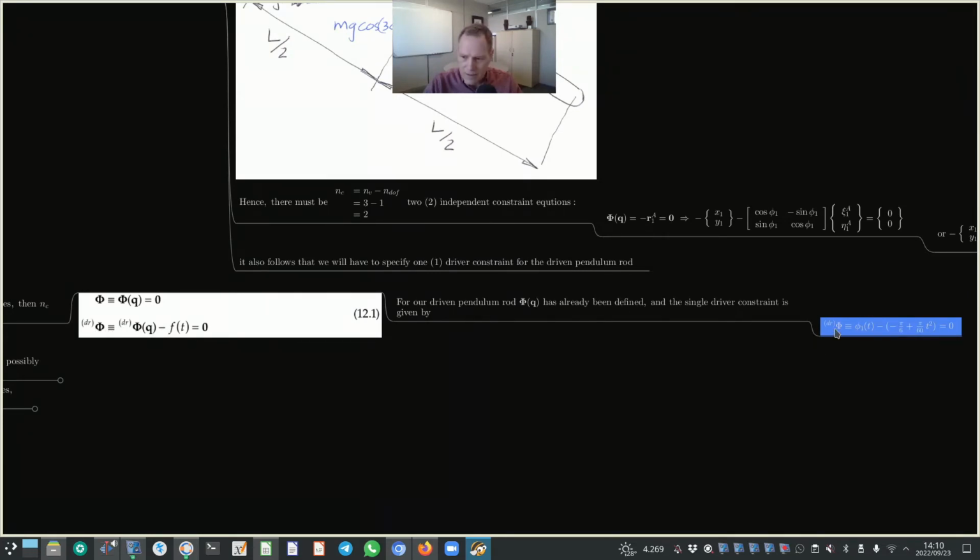This is written in the same form as the bottom of equation 12.1. So we've got a driver constraint function as a function of the coordinates. In our case we only have a single coordinate, one of the three coordinates of the mechanism, which is the orientation phi 1, and as I said, f of t is given by this expression here in brackets.